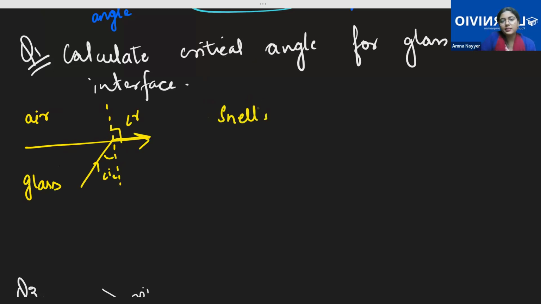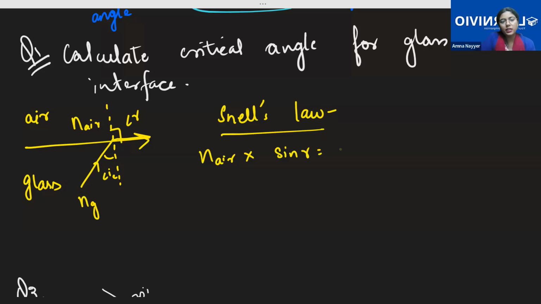So you apply Snell's law. The refractive index of air into sine r is equal to the refractive index of glass into sine IC.